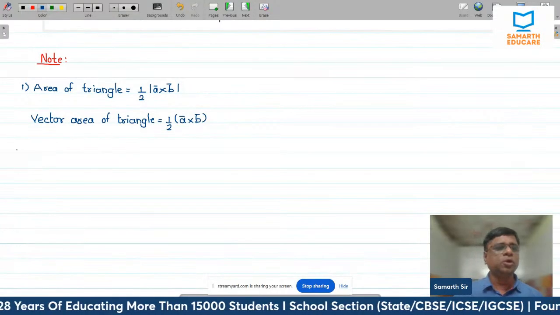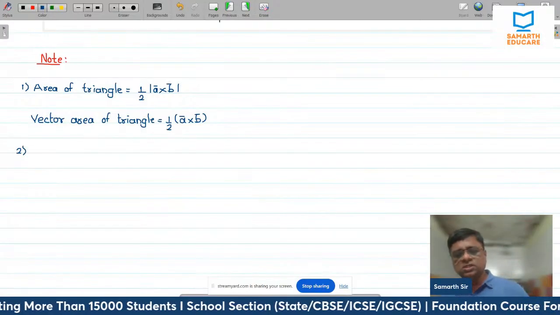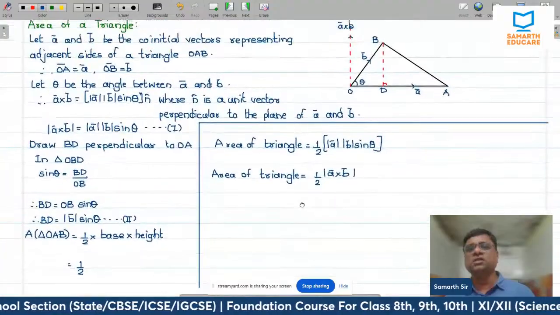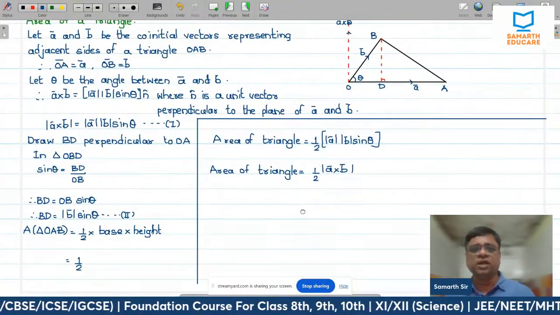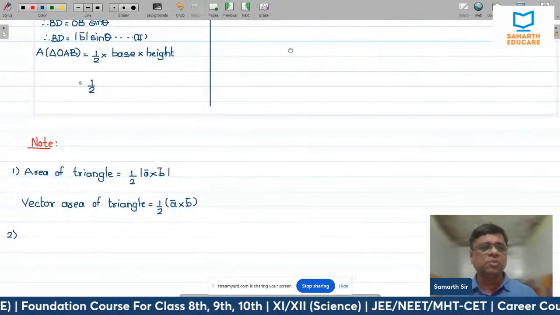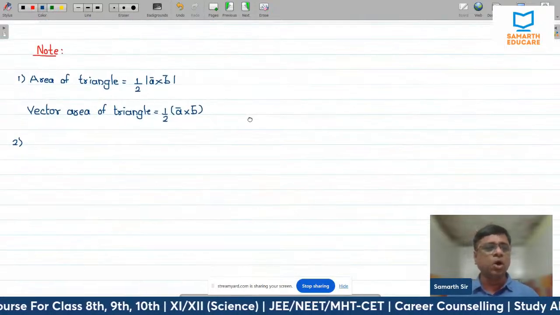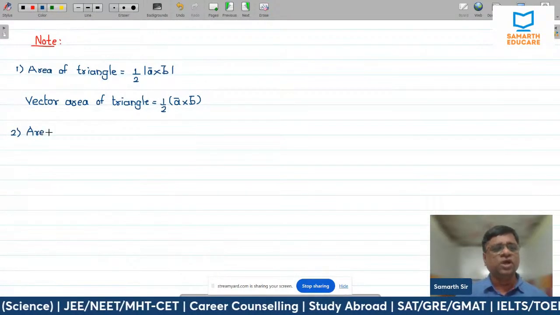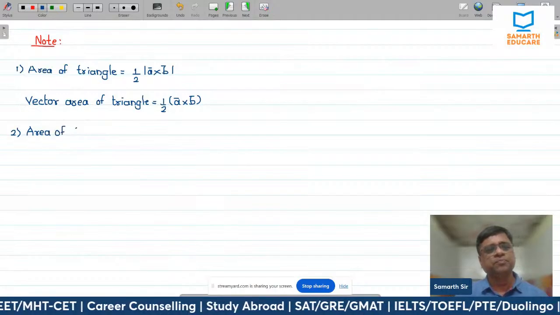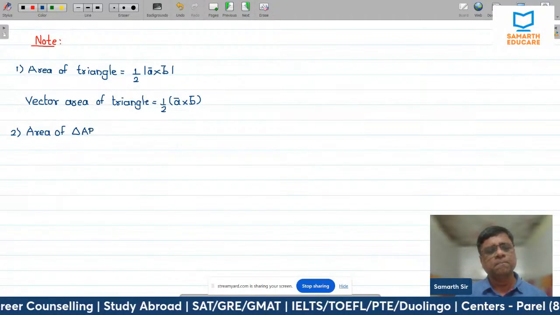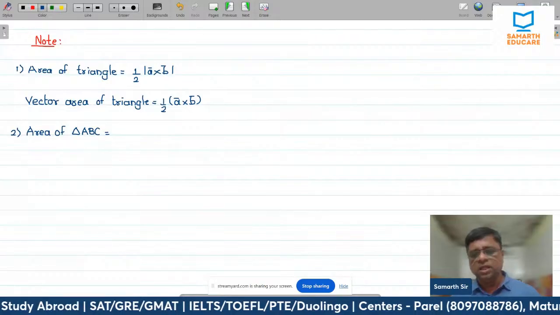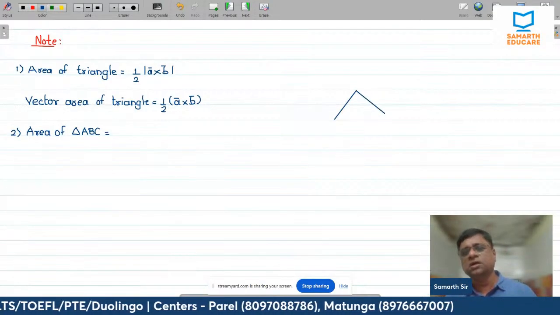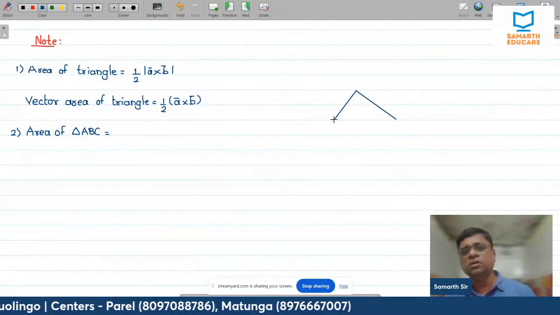Next, point number 2. What are A bar and B bar? A bar and B bar are co-initial vectors, correct? So let's say, for example, I'm talking about the area of triangle ABC. If I draw a triangle, it is something like this. I'm drawing a small triangle.